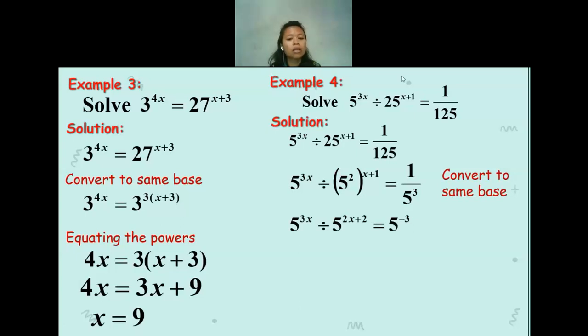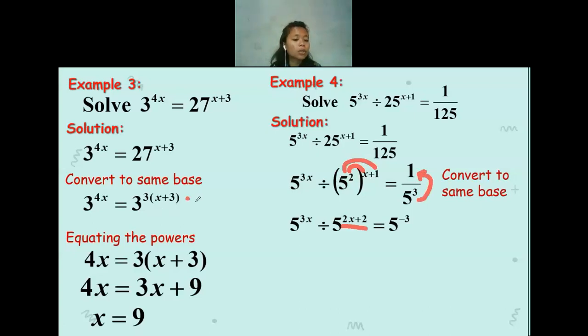Now we can simplify everything. In here, if you get confused, remember, even though I put a bracket here, it means the 2 has to multiply with everything. So the 2 multiplied with x, and the 2 multiplied with 1 also. That's why I get 2x + 2. This is a fraction. We can cancel the fraction by moving it up.